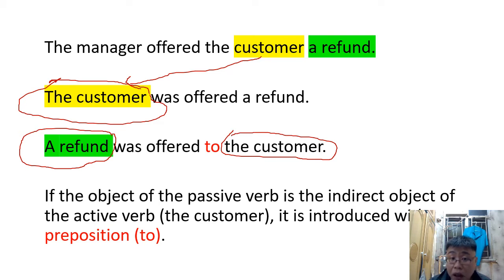The object of offered in this sentence is the customer, which is an indirect object. If this is the case, we need to put a preposition. And in this case, the preposition is to.